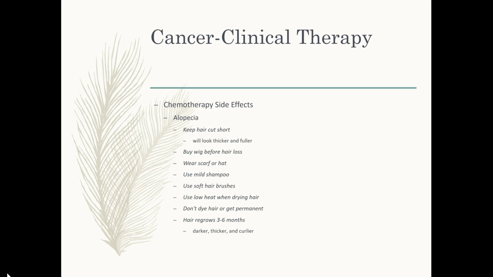Honestly, it is drug dependent on whether or not they will lose their hair, and their hair typically regrows in about 3 to 6 months, and it can come back completely different than it was before. I don't really know, I guess it's because the chemo can drastically change those rapidly producing hair cells.